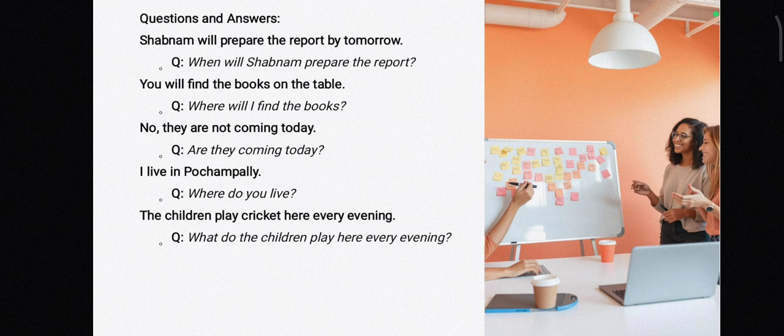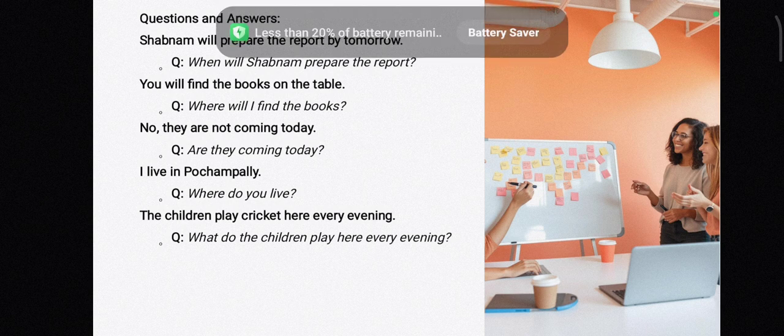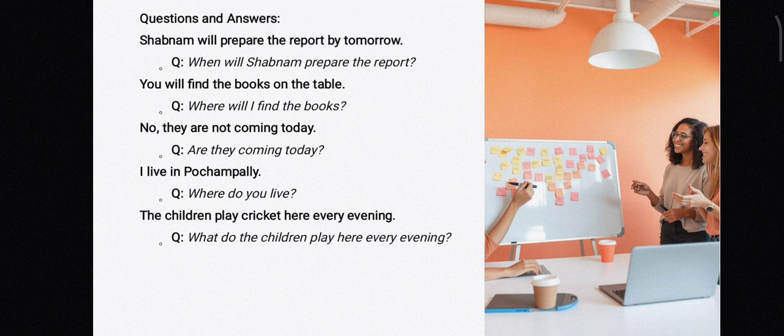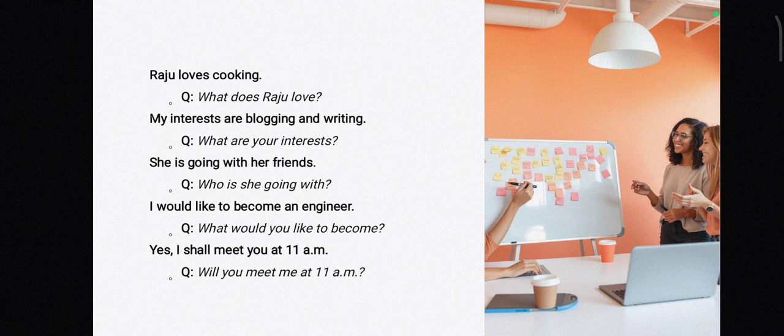The children play cricket here every evening. It can be what do the children play here every evening, or it can be when do they play cricket, depending upon the information that you want to know. Raju loves cooking. It is a sentence in simple present tense.